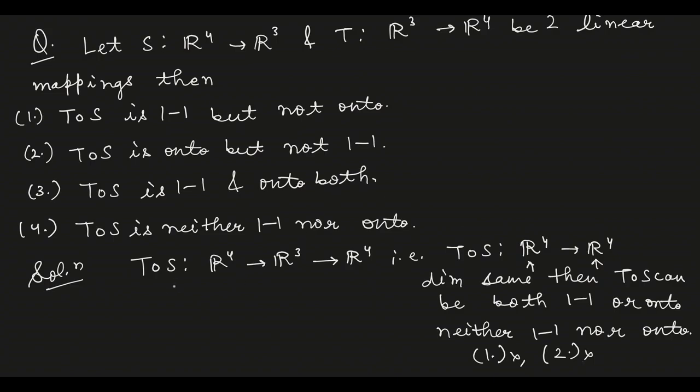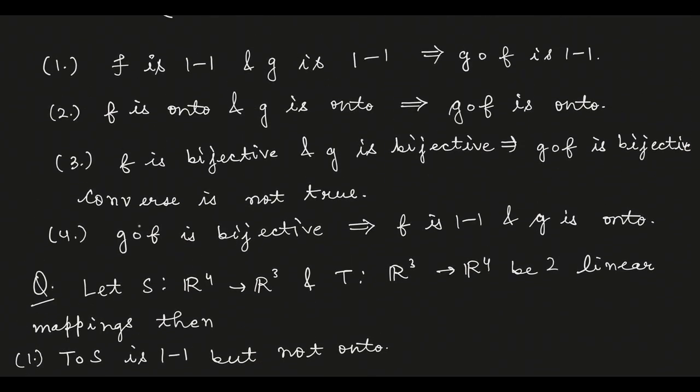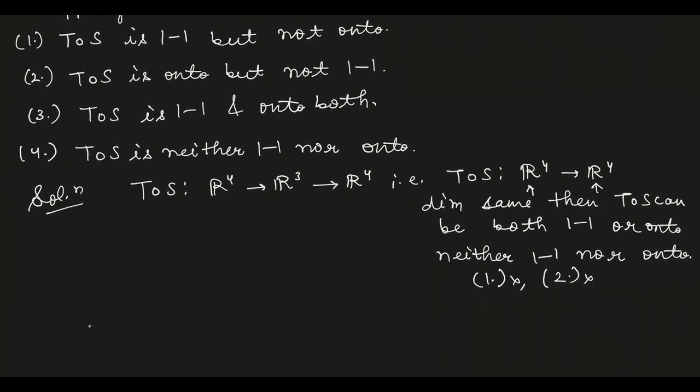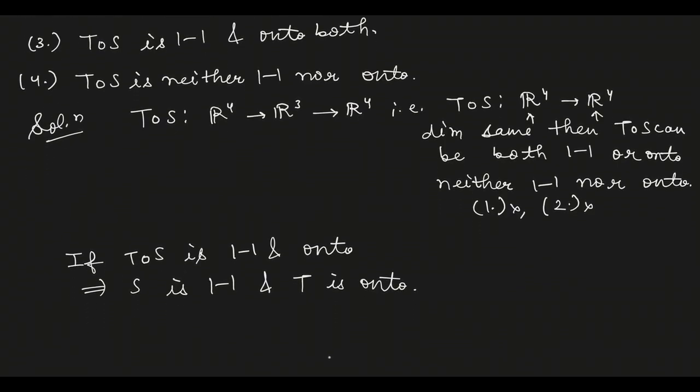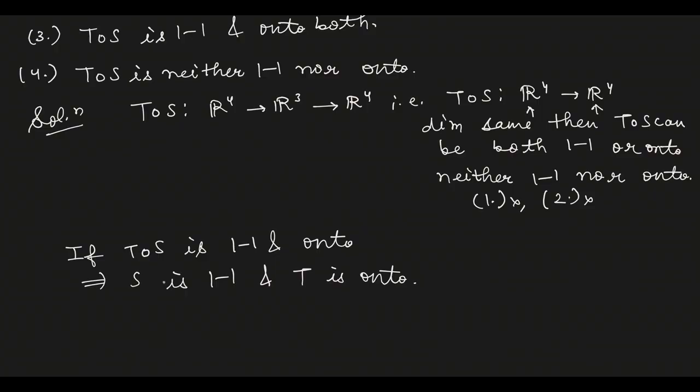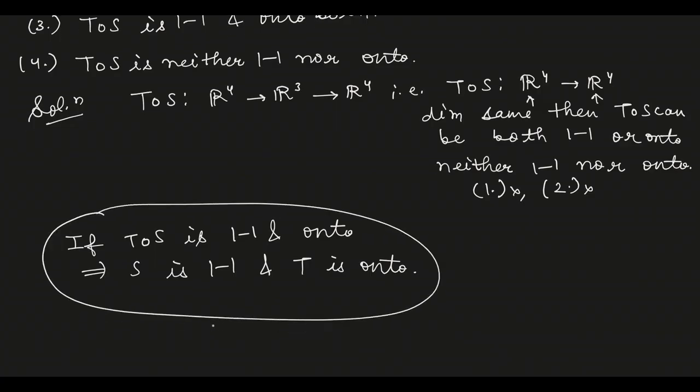So from this I can see that by this result, if T composition S is both 1 1 and onto, it means that S is 1 1 and T is onto. But what was my S?